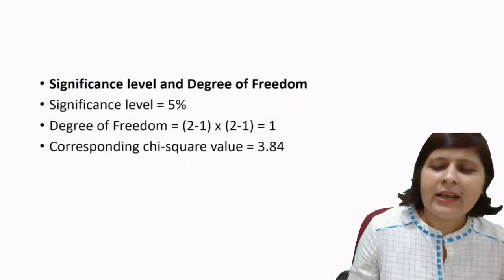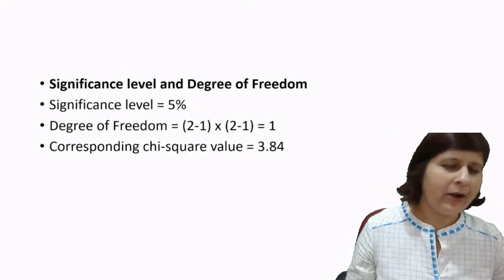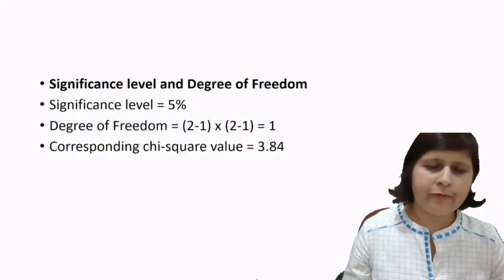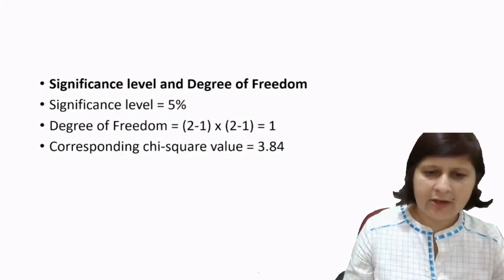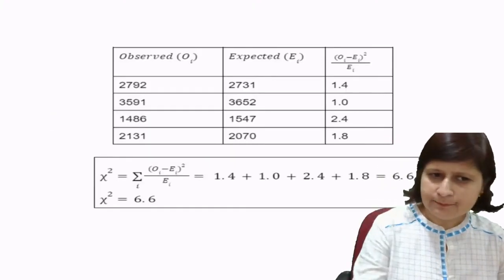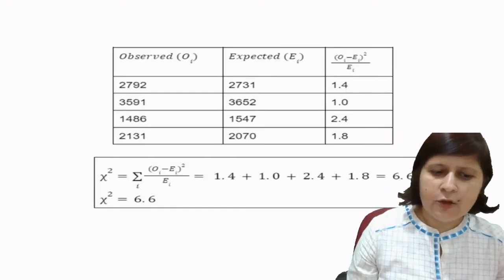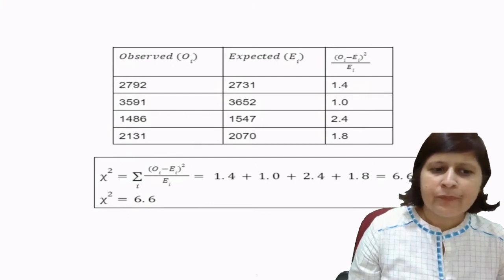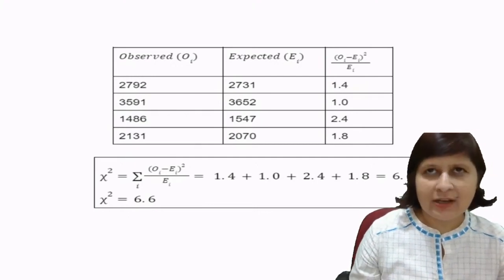And the corresponding chi-square value is 3.84. The chi-square value at the 5% significance level is 3.84. Now I have calculated the value of chi-square and it comes out to be 6.6.